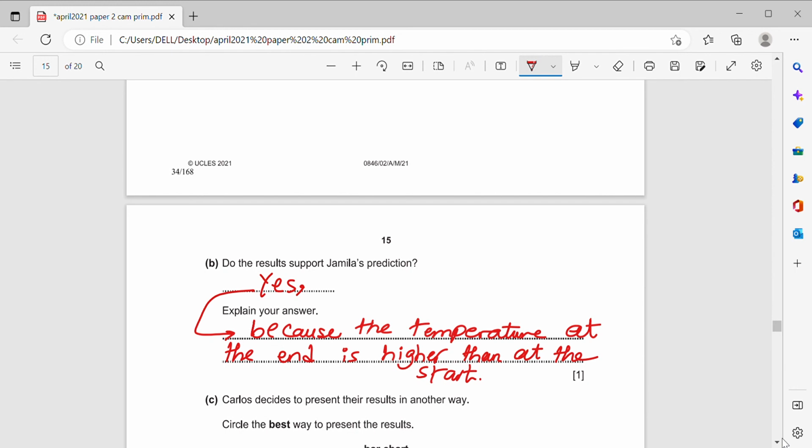If you say yes and give this explanation, you will get the full mark. If you say no, it will also be correct. What will be your explanation?